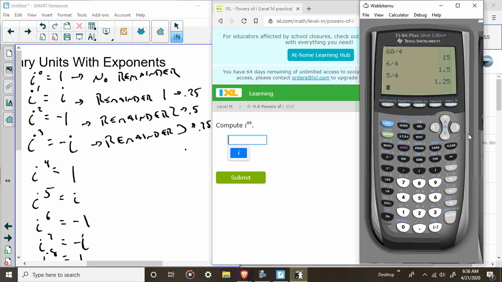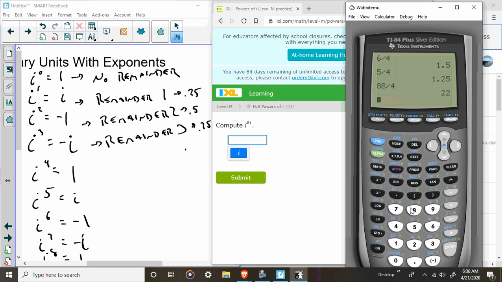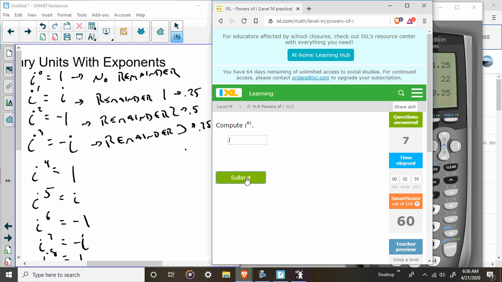i to the 88th. What's 88 divided by 4? No remainder, right? Boom, your answer is going to be 1. 81 divided by 4 has a remainder of 0.25, so it's i. 162.